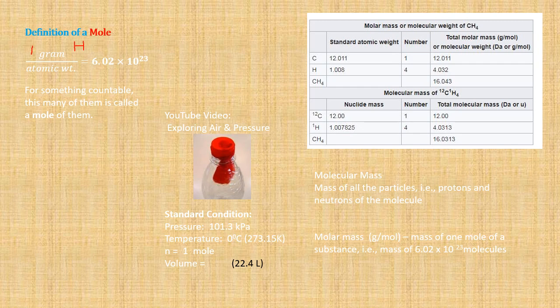If I want to know how many hydrogen atoms there are, I know the hydrogen atom has the atomic weight of approximately 1.67 times 10 to the negative 27 kilograms.